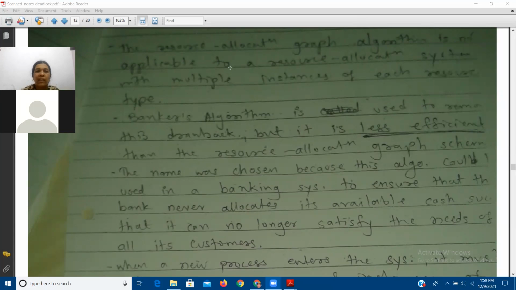That's why we are taking the help of Banker's algorithm. When the system has n number of instances of a resource type, we are able to apply Banker's algorithm. Due to that drawback, we are moving to Banker's algorithm.